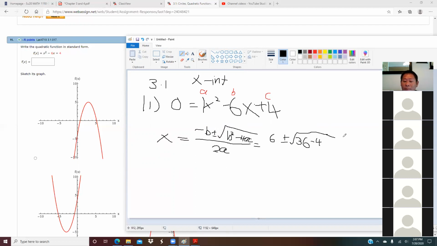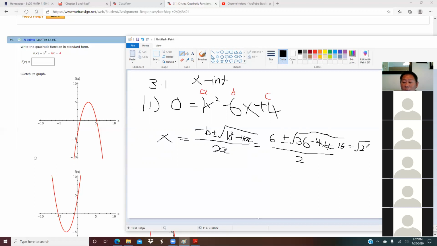Minus 4 times a, which is 1, times c, which is 4. The 1 you can ignore. All over 2 times 1, which is 2. So 4 times 4 is 16, right? And 36 minus 16 is 20.